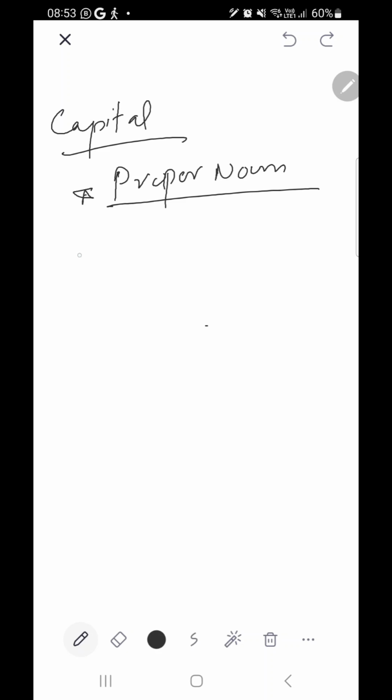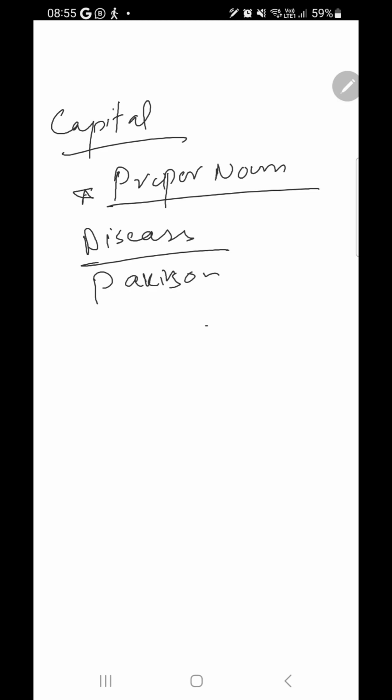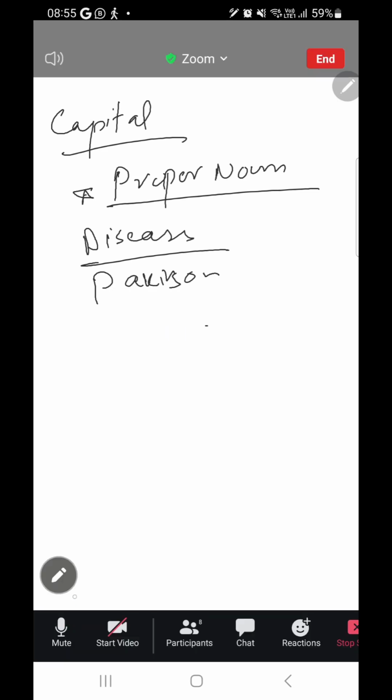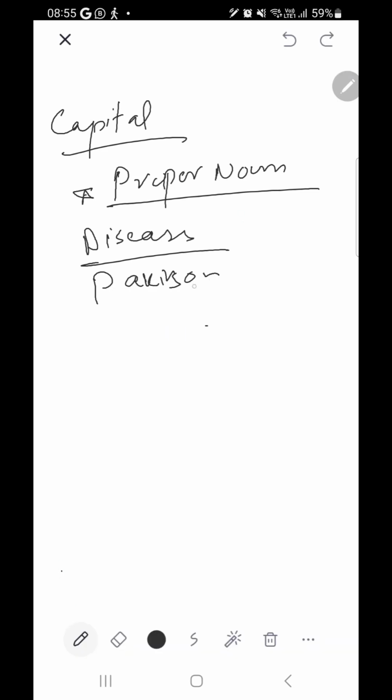Let's say the name of a disease such as Parkinson. Sorry for the inconvenience. So we have a proper noun, say Parkinson, P should be capital. Alzheimer, A should be capital, right? So we have to see how we can use these things.